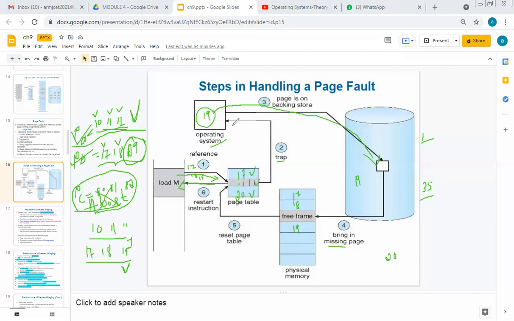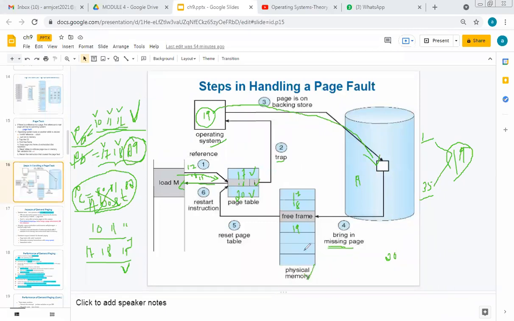We have to check whether it is possible to get the frames, because 19 is between the lower and upper limit of 1 to 35. Yes, we have to check and decide. Now with respect to 19, it will inform that there is a missing required page and give its data or address by the binding method. That address is searched. The corresponding frame table in the physical memory is updated because it was missing.